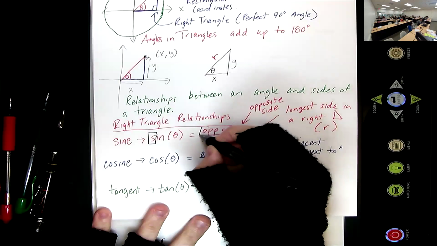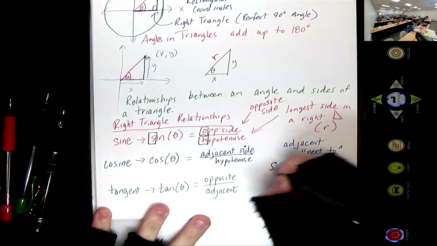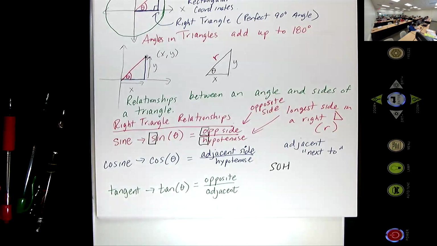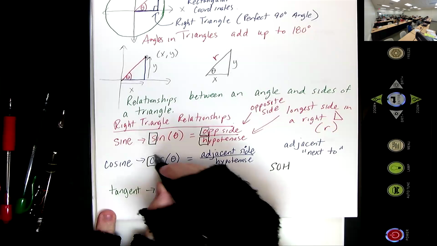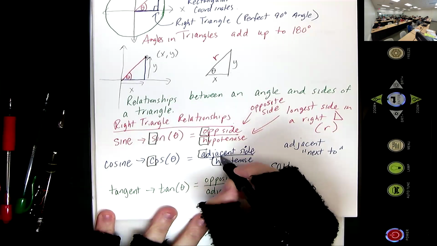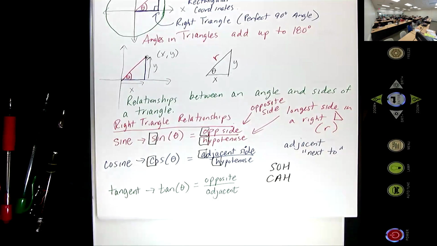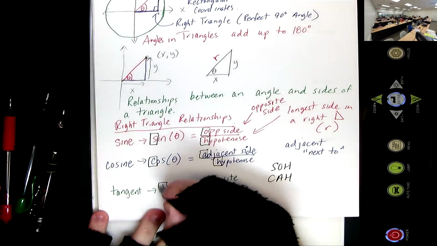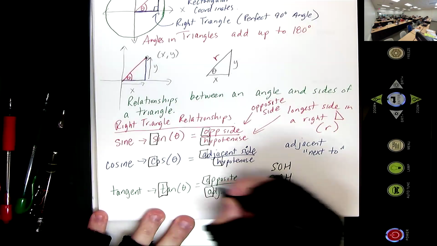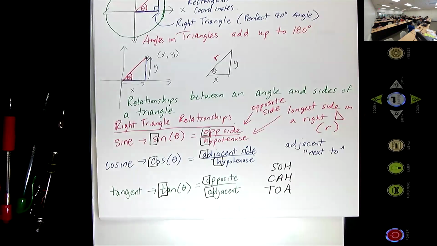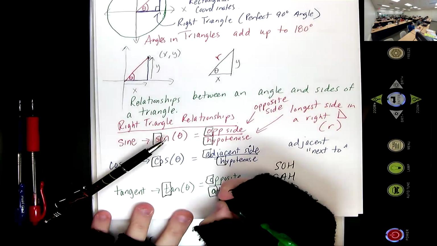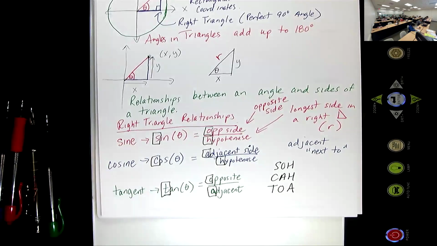This S, this O, and this H is used to go SOH: sine opposite hypotenuse, SOH. We do the first letters with the other two as well: cosine adjacent hypotenuse, we call it CAH. This is a memory mnemonic to remember this stuff. And then tangent has T, O, and A.